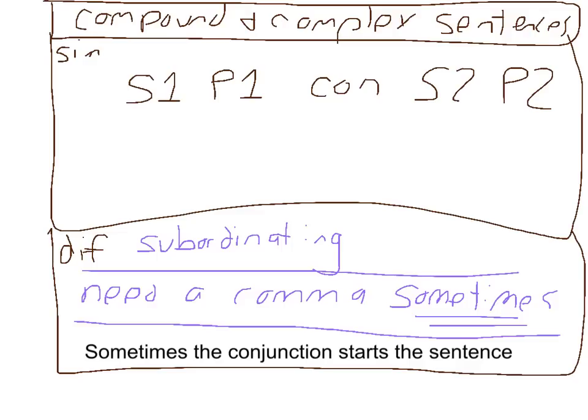I had to type that one because my beautiful handwriting would not have fit in the space that was left. So pause the video if you need to. Make sure you have these notes on the similarities and differences of compound sentences.